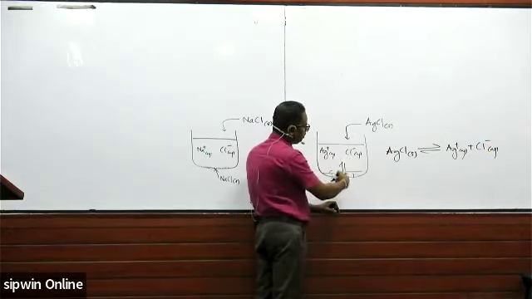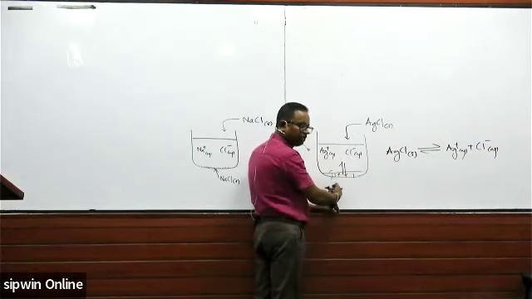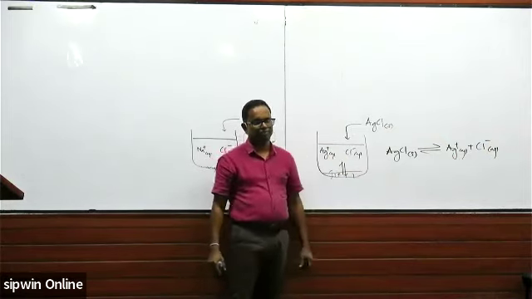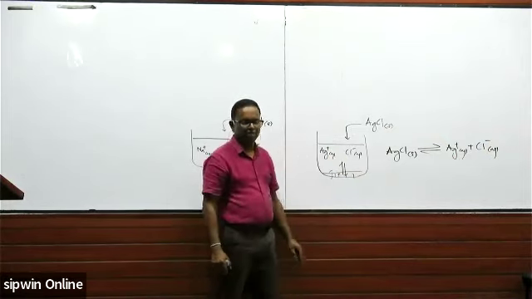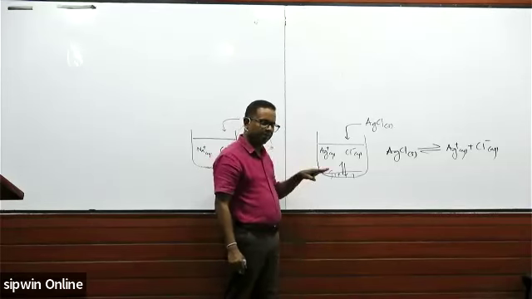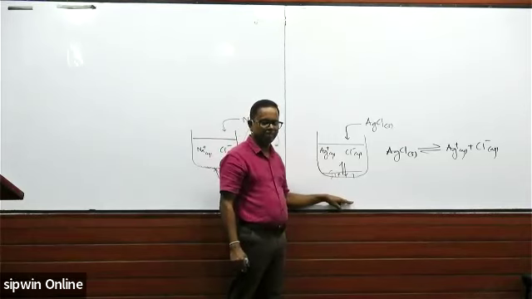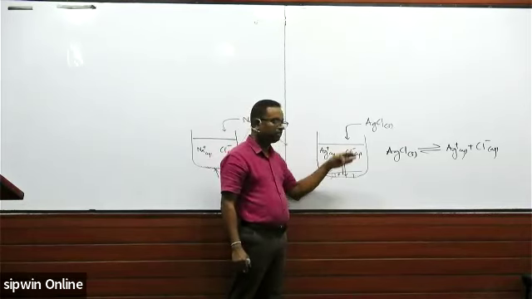This one and this one join and precipitate, and this one dissolves into silver ions and chloride ions. It is a reversible process, continuously happening. This one dissolves and comes into the solution, this one precipitates here, like that. It's in equilibrium.